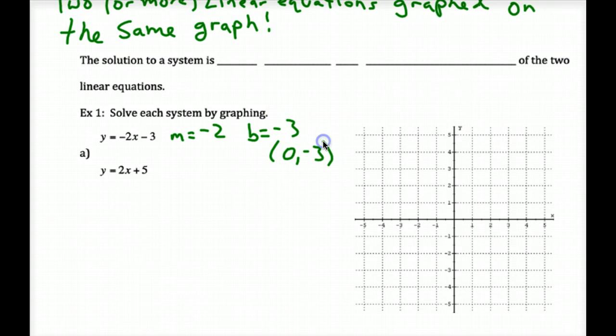That's the point (0, -3). So graph the first line, and you've got to use a straight edge. Slope of -2. I'm going to go up 2 and over 1. Use a straight edge.